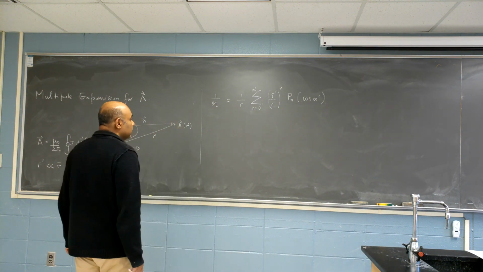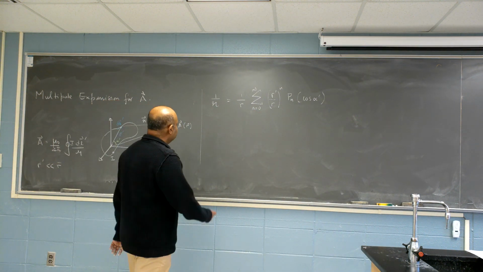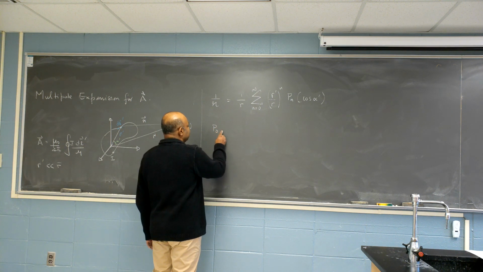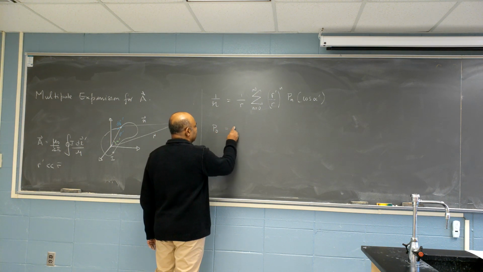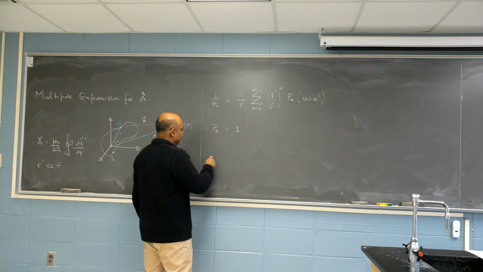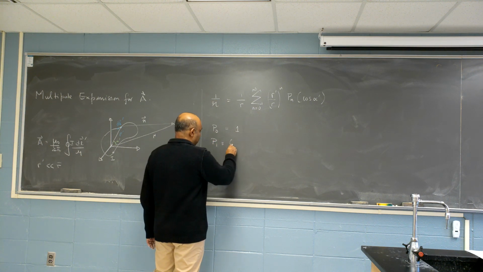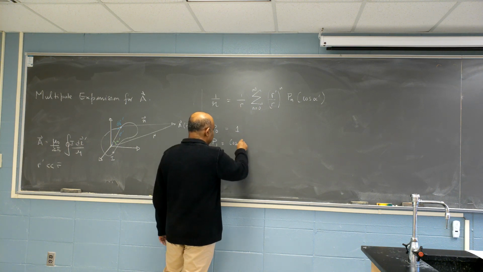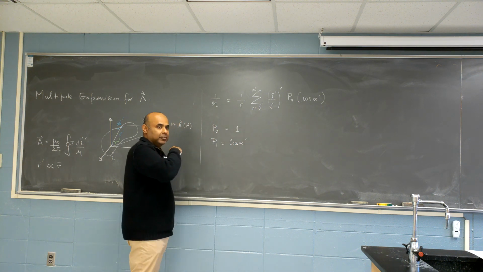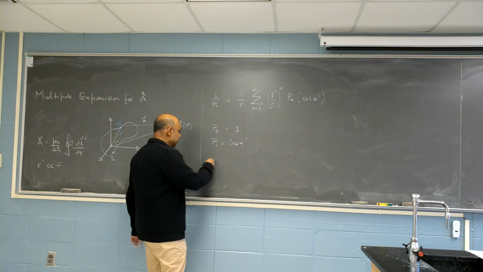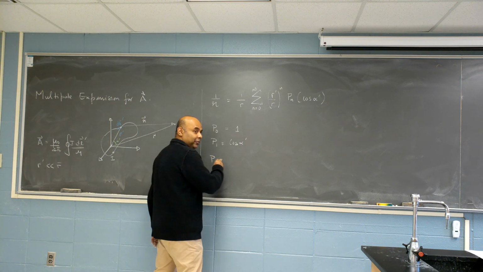So, I recall few things. P0 is what? 1. P1 is what? Cosine alpha, but I'm going to put it as alpha prime. I don't know what P2 is, but I wrote it down.